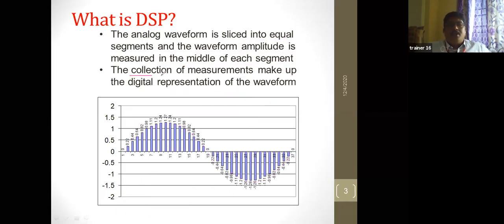So the collection of measurements of all these waveform amplitudes makes up the digital representation of the waveform. I'm not writing correctly here; somewhat distance, like this. Okay, this is the digital.